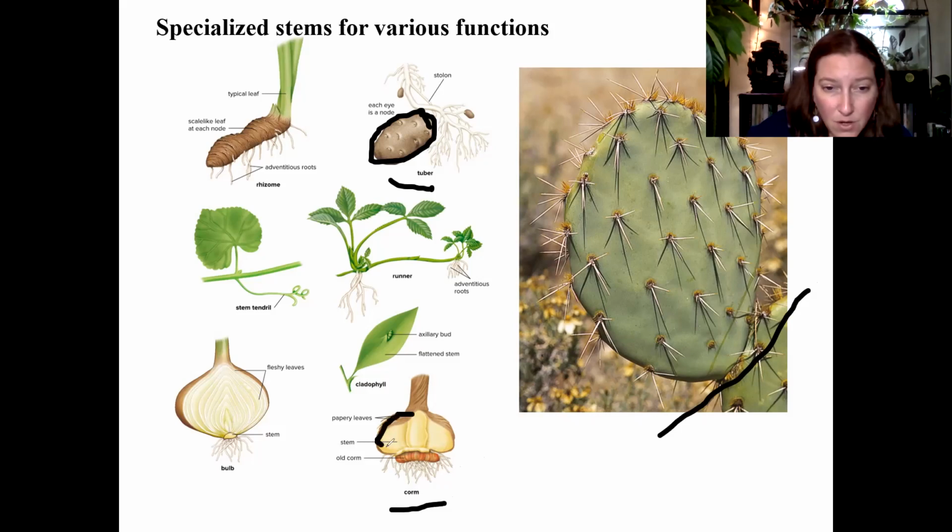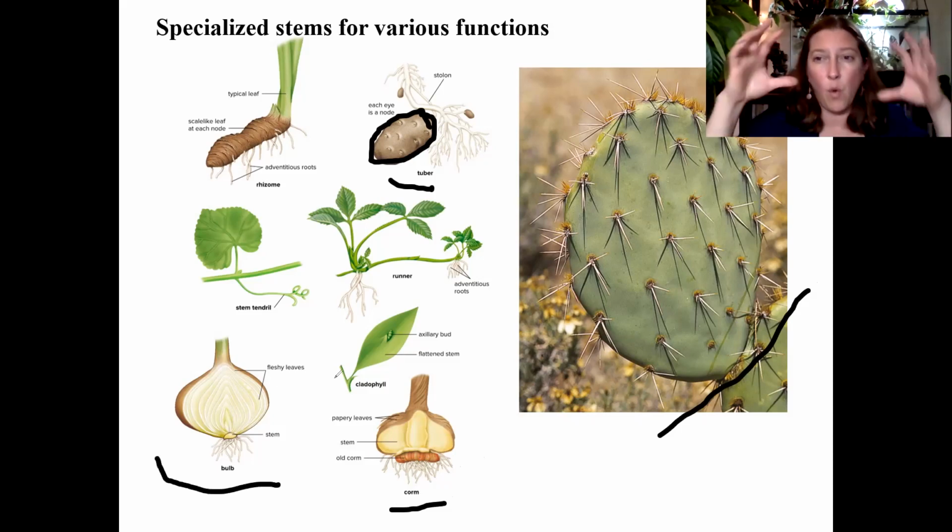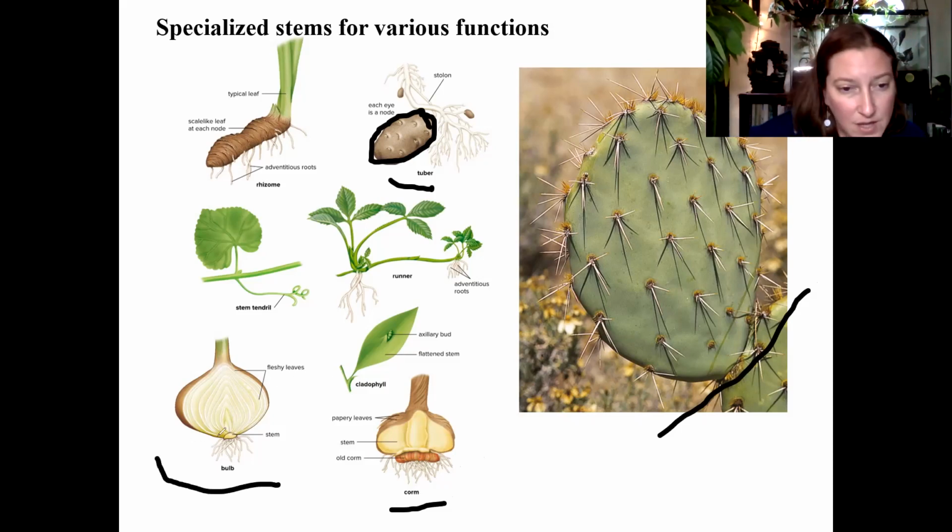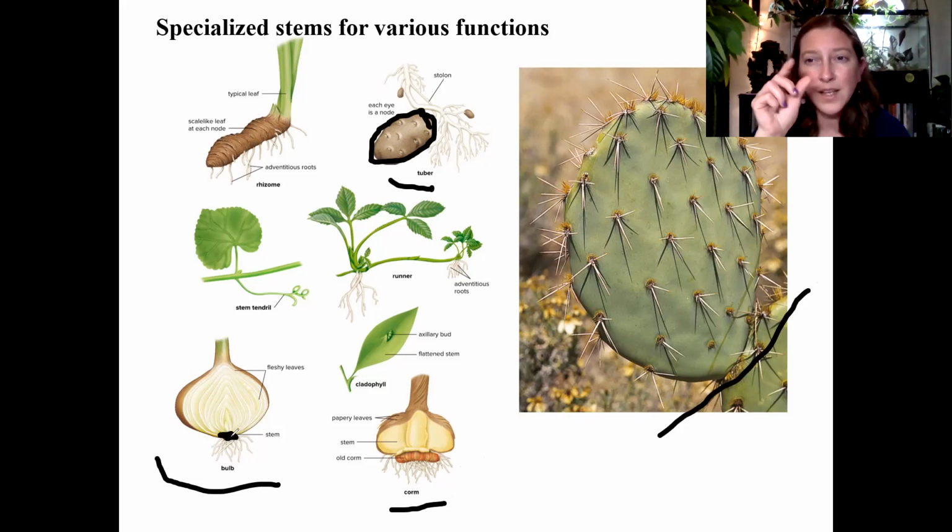And look, the stem is all big and wide because it's storing food for the plant, as opposed to a bulb where the wide part is actually leaves and the stem part is just this little tiny thing. So if you've ever cut an onion, it's just that little weird nubby thing at the bottom, that's the stem. All the other things are actually modified leaves.